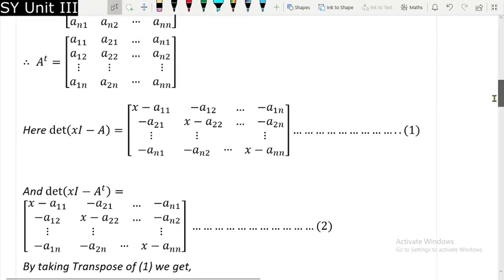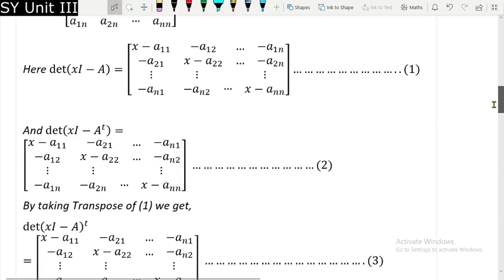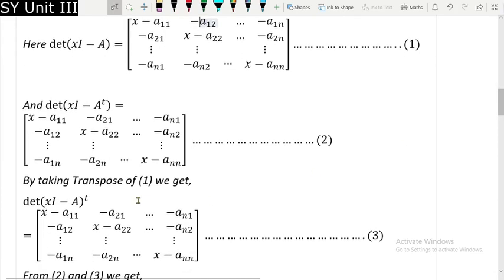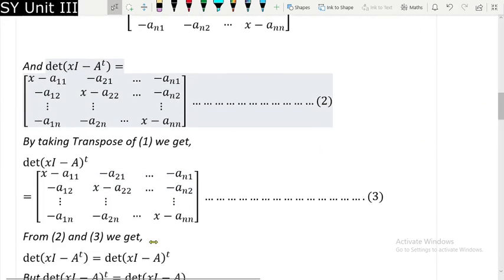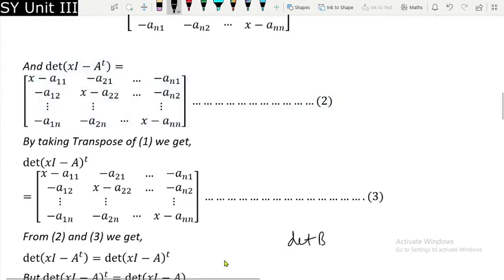So I have taken the transpose of this, they are not the same yet. I have taken this transpose because you can see that this entry and this entry are different. So by taking the transpose you will get this determinant of xI minus A transpose, and you can see that now these two are equal. So from 2 and 3 both are equal, as the determinant of B is in general equal to the determinant of B transpose.